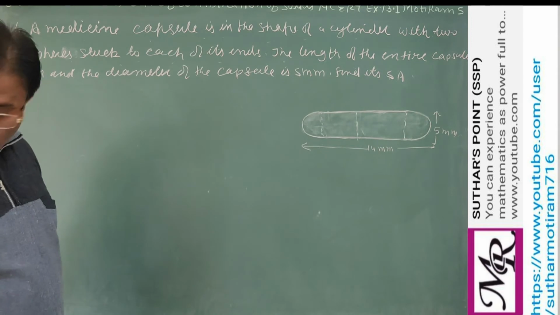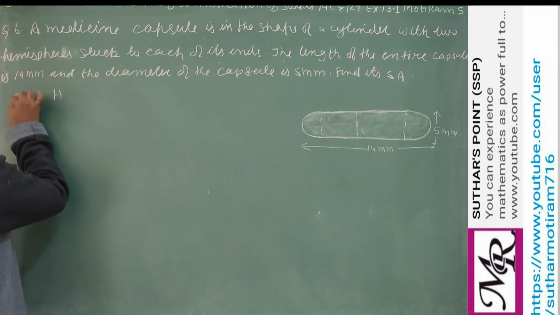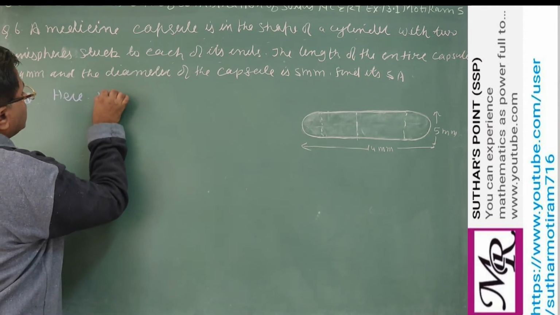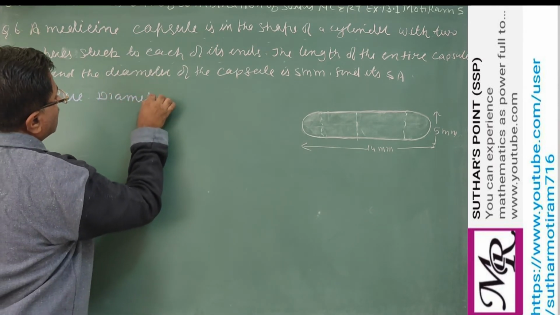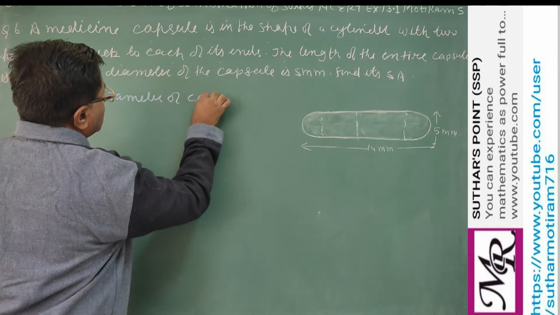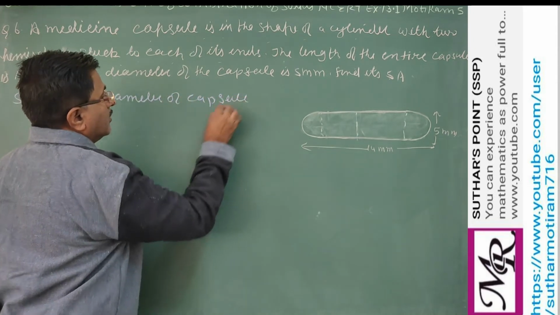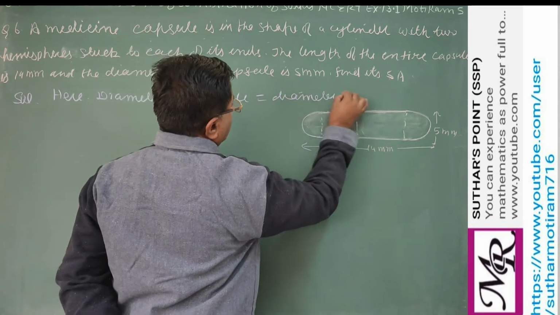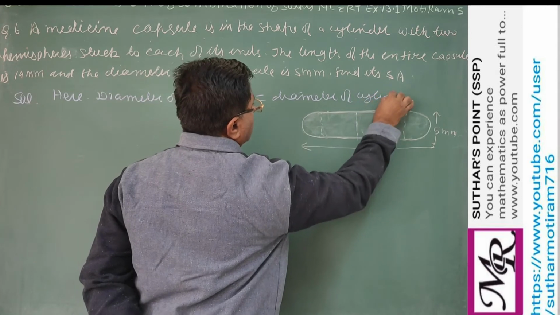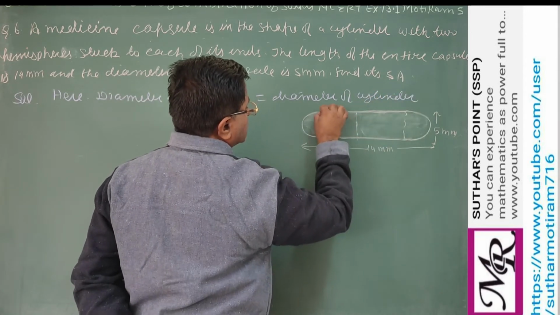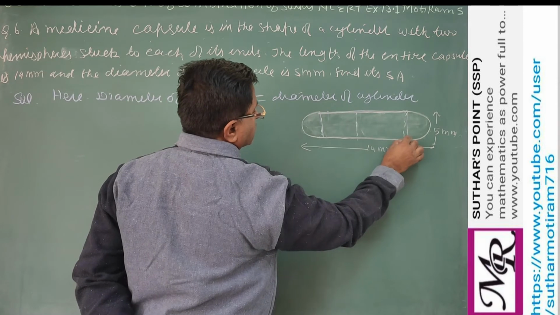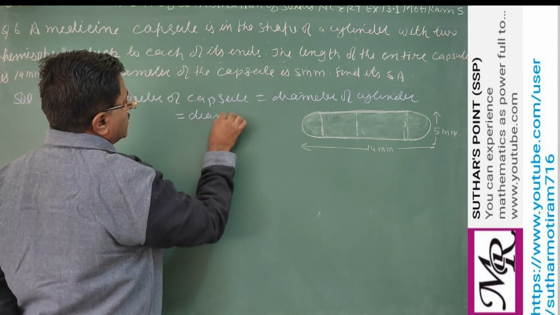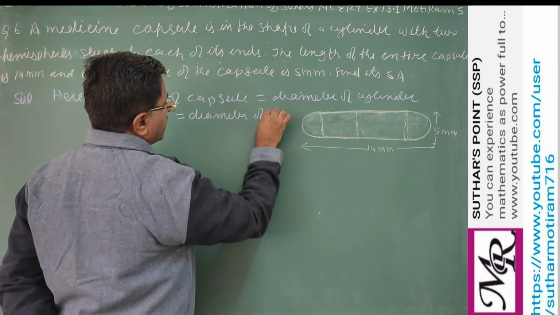So in the solution you write here: the diameter of the capsule is equal to the diameter of the cylinder. Cylinder means this part in between. And this is also equal to the diameter of the hemisphere.